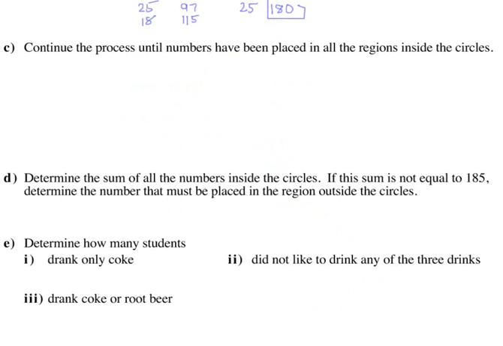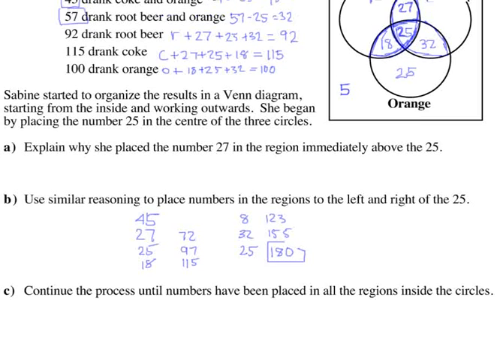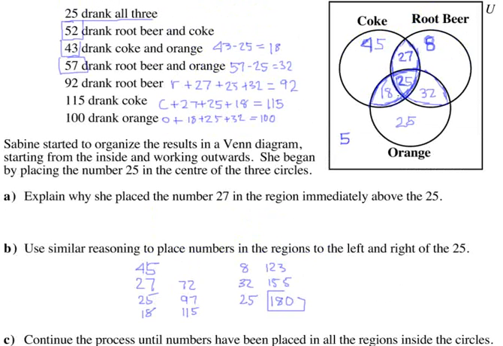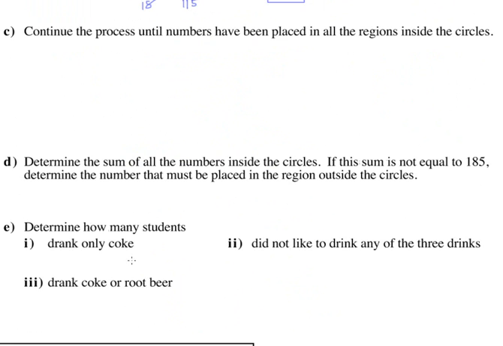And finally, just interpreting some of this, how many students drink only Coke? Only Coke on this diagram means you're in the Coke circle and you're not in any of the others. That's these people here. There are 45 of them. They drink Coke, but they're not in the root beer area here or the orange area here. So that's a 45.